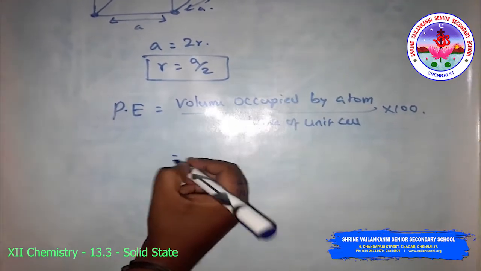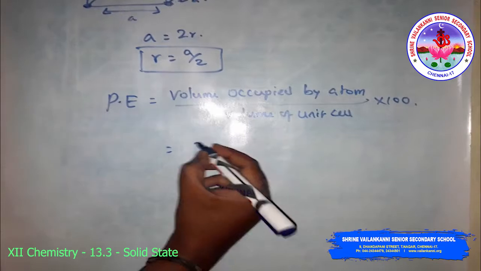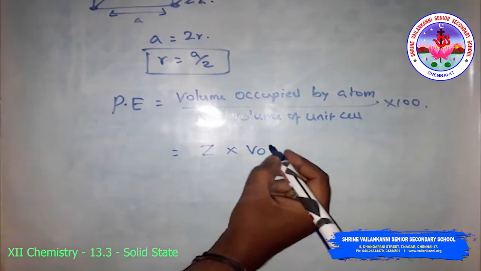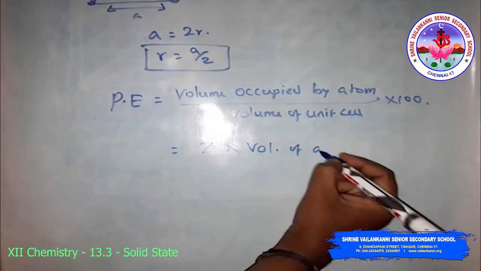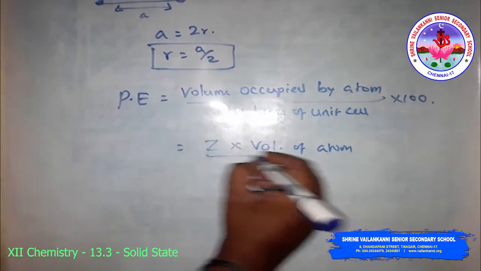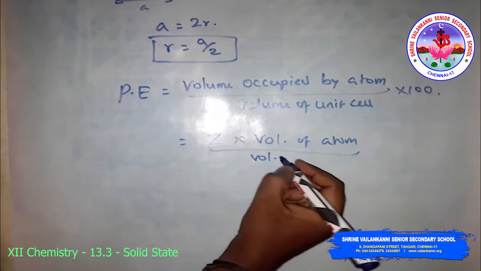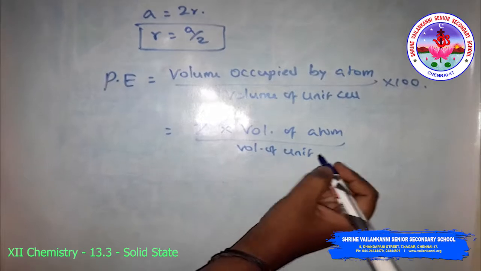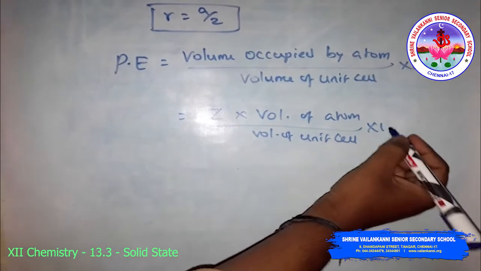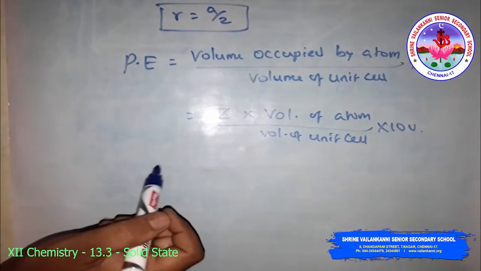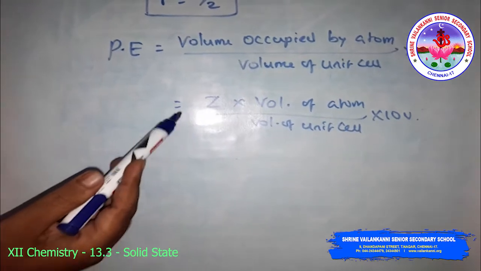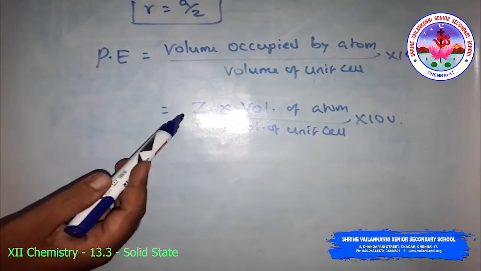So here we know that the volume occupied by atom means Z into volume of atom, divided by volume of unit cell, into 100. So here Z is equal to what? The total number of atoms in a unit cell.